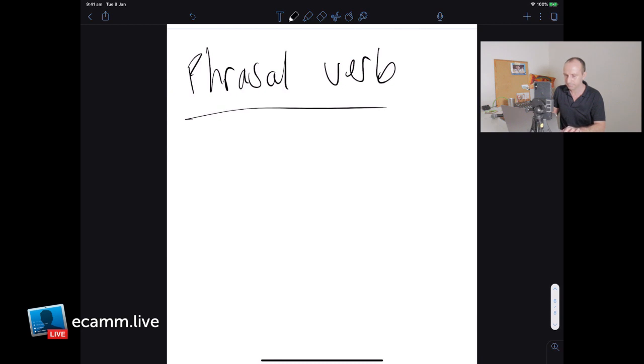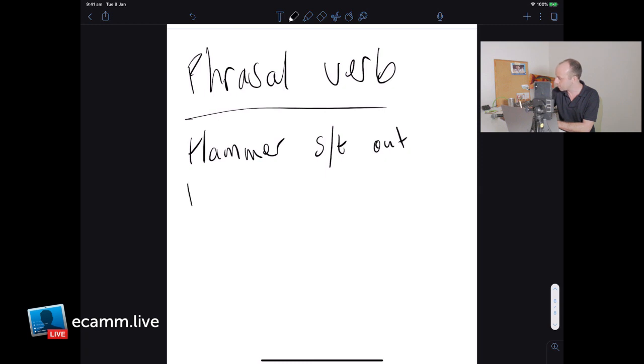Cool, cool. So Leonardo asked about hammer out, this phrasal verb. It might be hammer something out or hammer out something, of course.